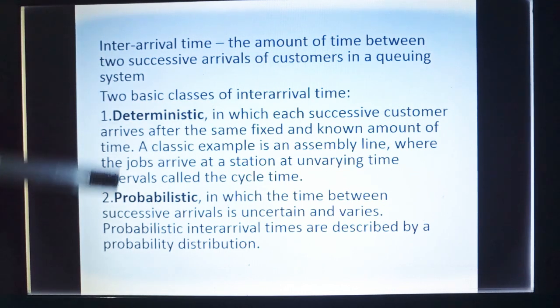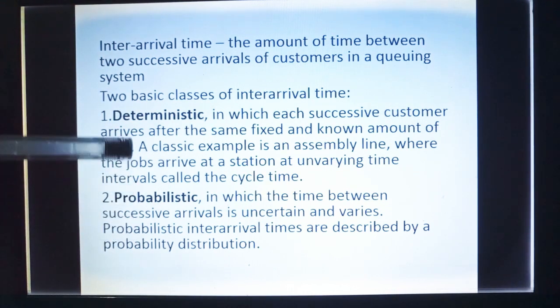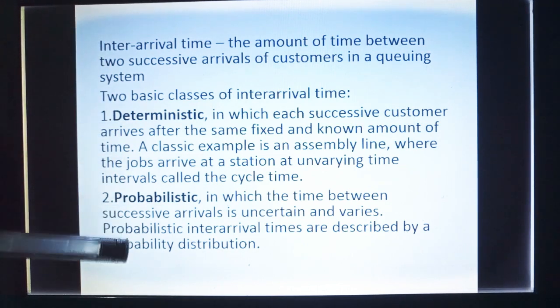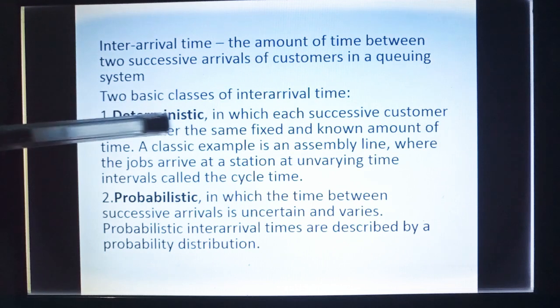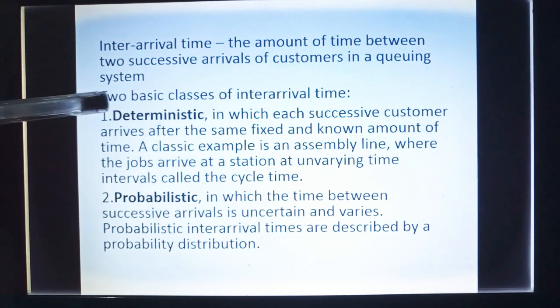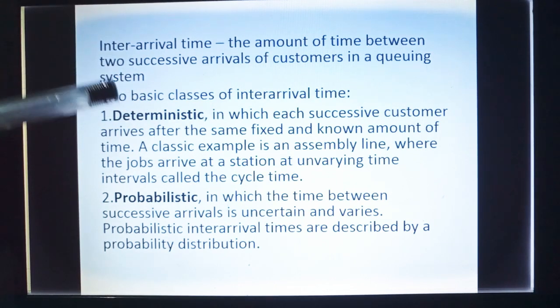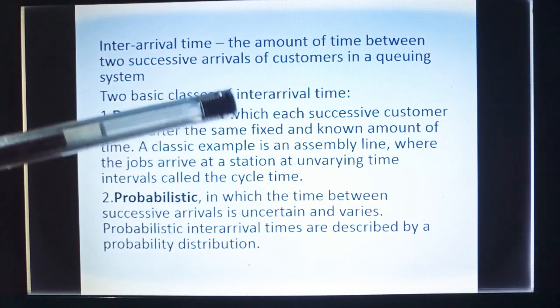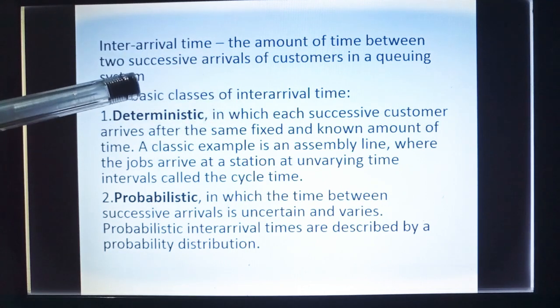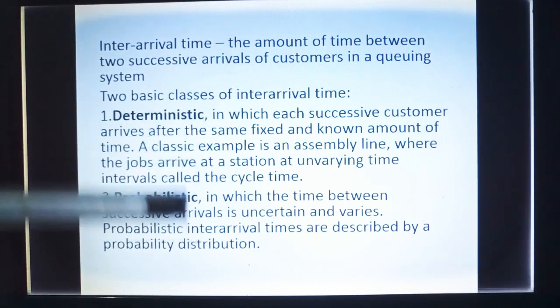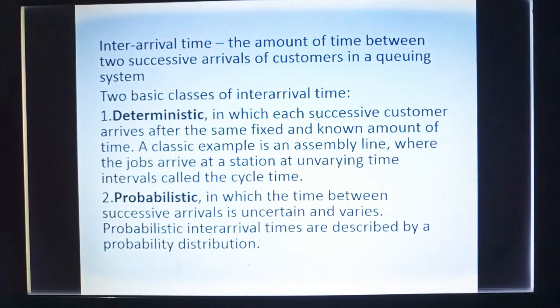In other words, for deterministic and probabilistic, I am giving an example so that you can determine which is which. For deterministic, for example, a person will arrive, and then after 5 minutes another person will arrive at a certain store, and then after another 5 minutes another individual will arrive.